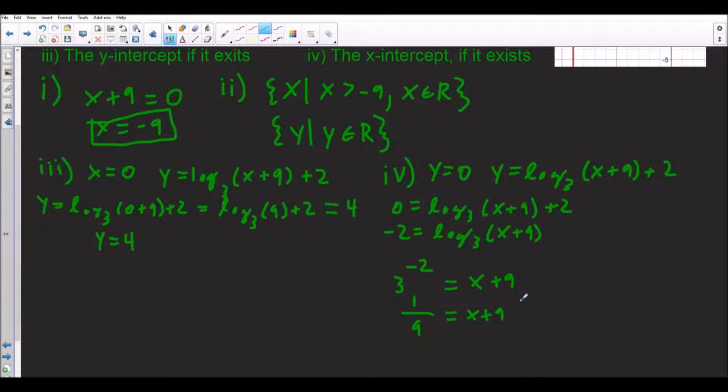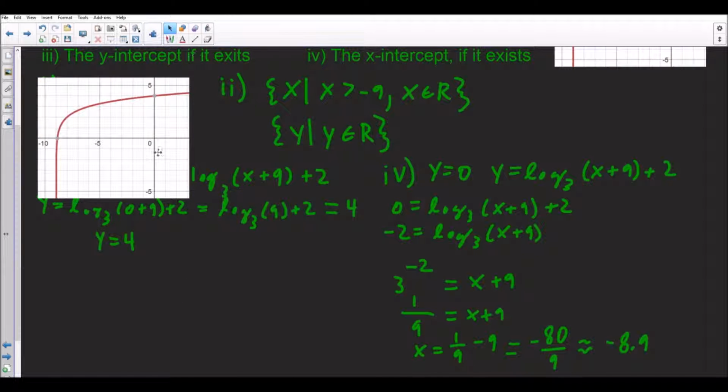We're going to get the x by itself, so x is equal to 1/9 minus 9, which ends up being negative 80 over 9 if you work out the math. So our x-intercept is negative 80 over 9, which is approximately equal to negative 8.9. So that is going to be the point on our graph.